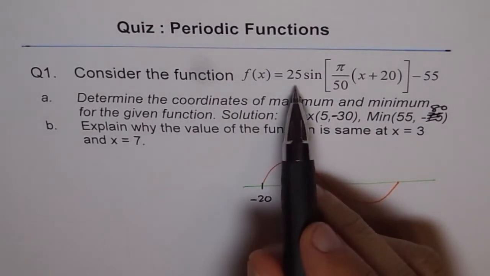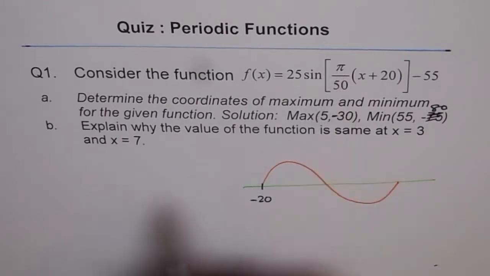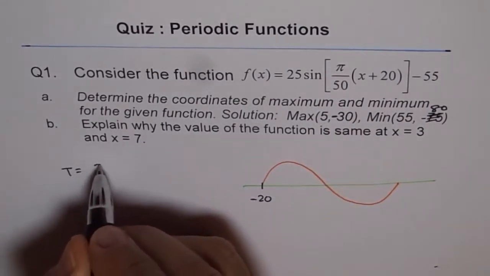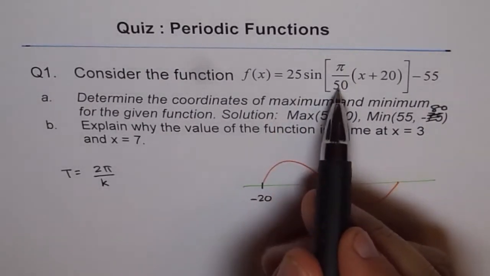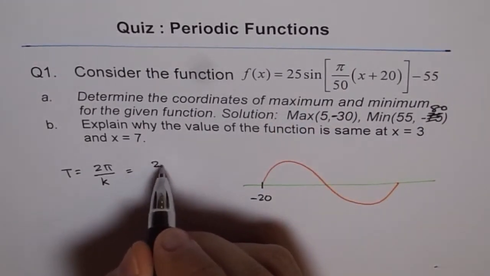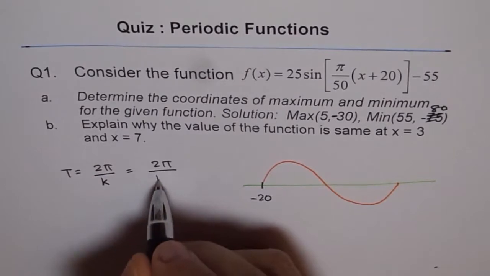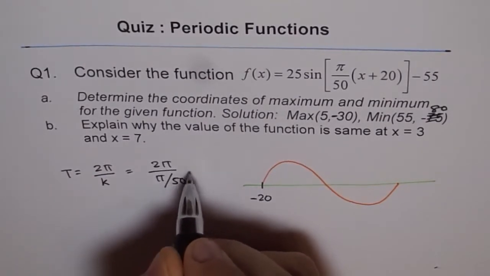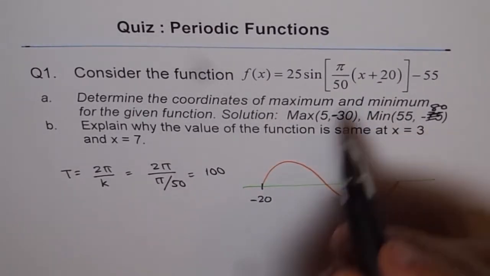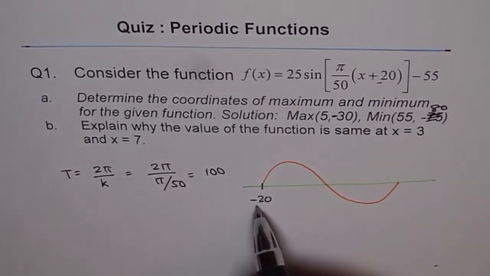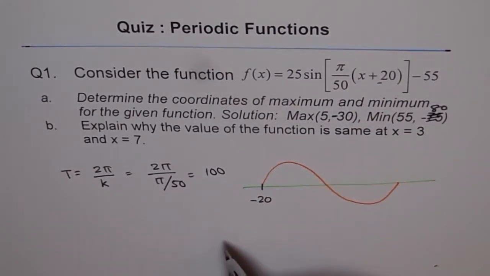And the time period was 100. How did we get the time period? T was 2 pi divided by k, and the k value is pi over 50, right? So it was 2 pi over pi over 50, and that gives us 100, right? And this is shift minus 20, so it starts 20 units left, correct?